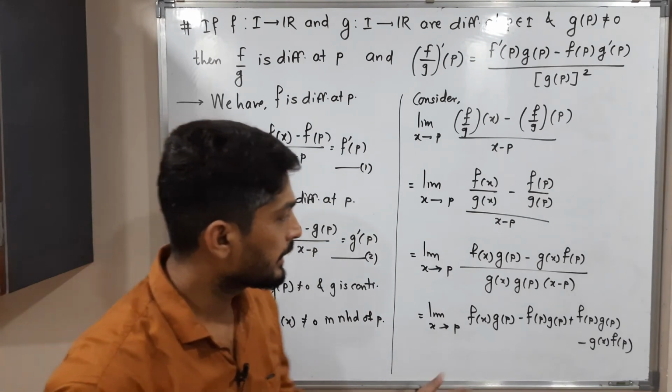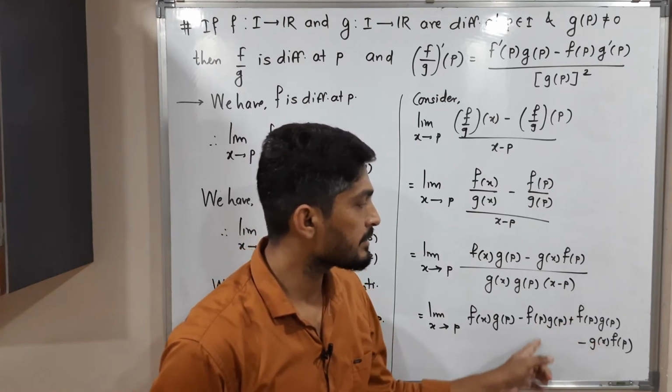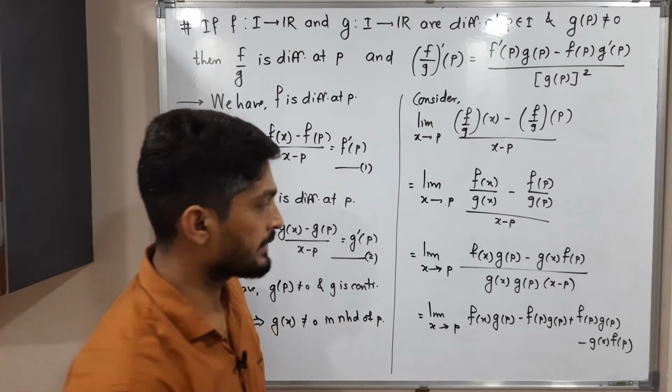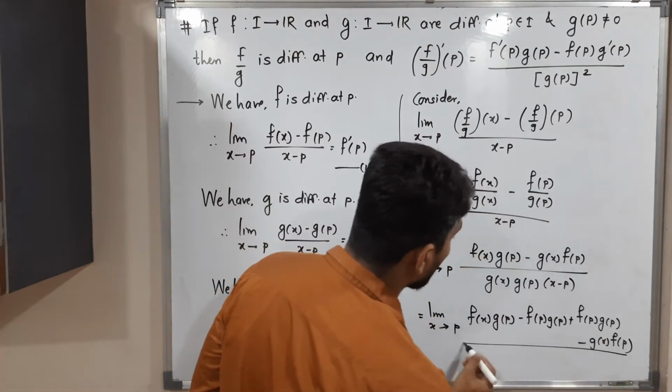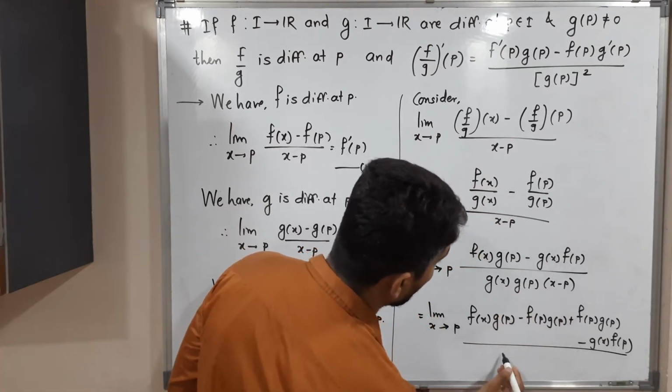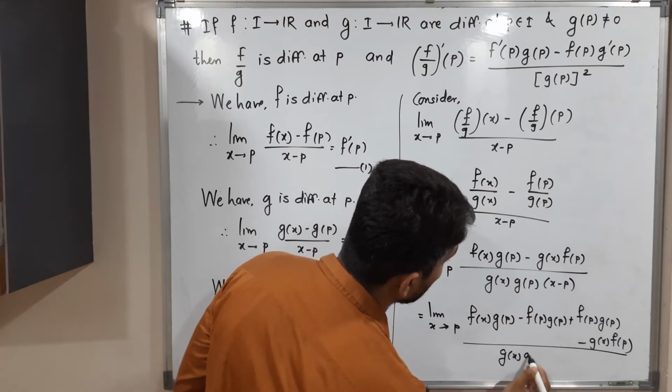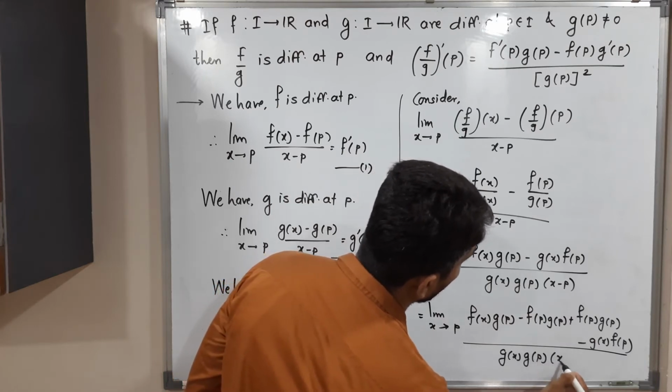Simple thing: I have simply added and subtracted f of P g of P, that's it, divided by the entire denominator, g of x g of P x minus P.